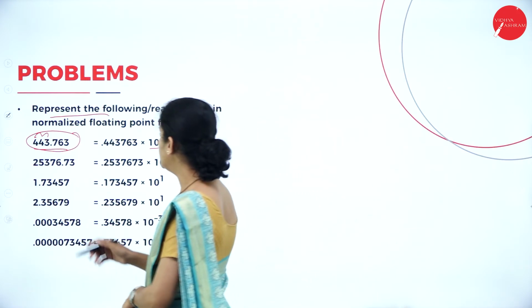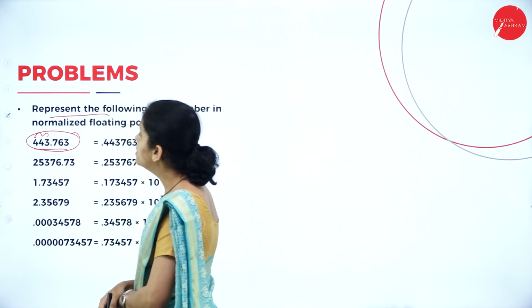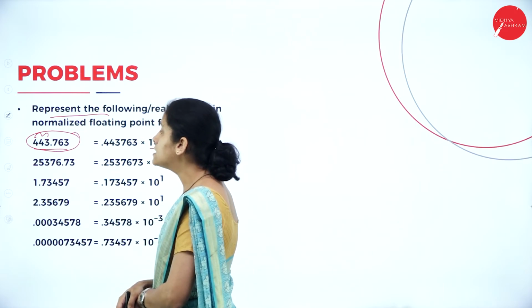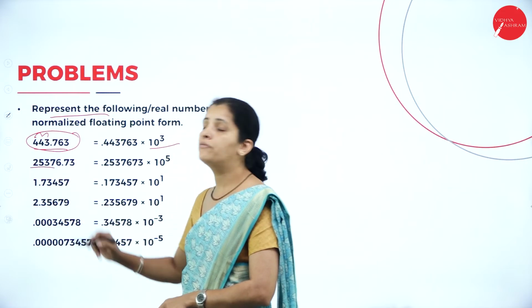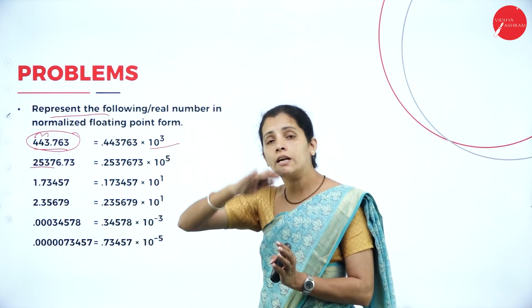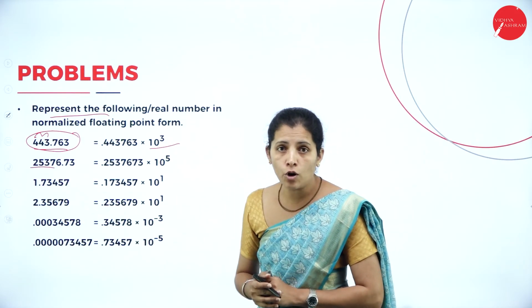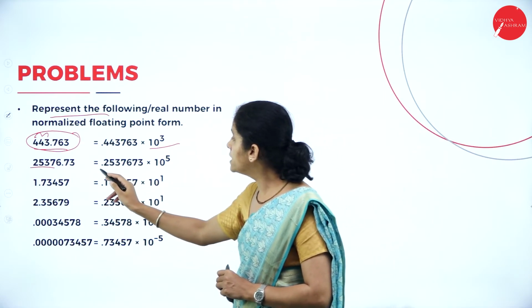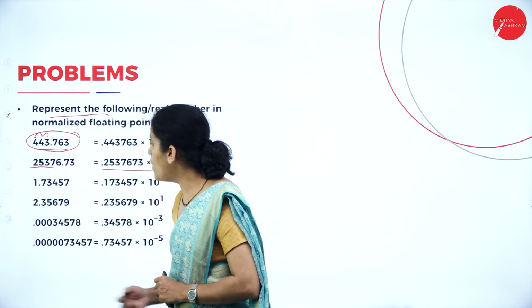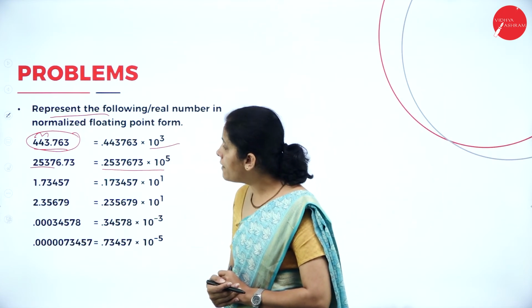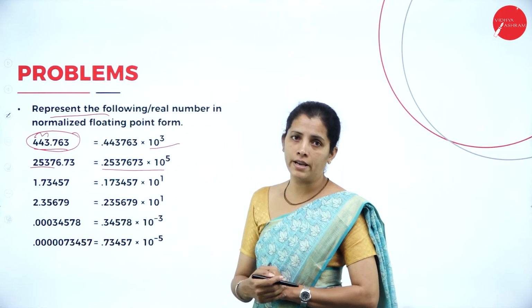Now if I consider this one, I have 25376.73. That means I want to shift 5 digits towards right to make it normalized number. So it is 10 to the power 5. Now I have 1.73457.